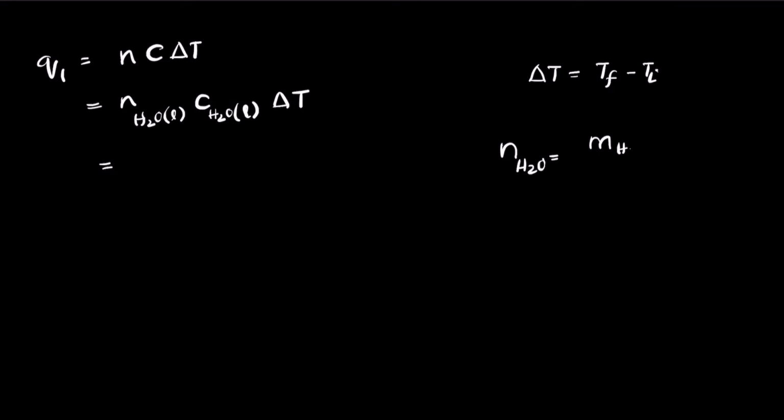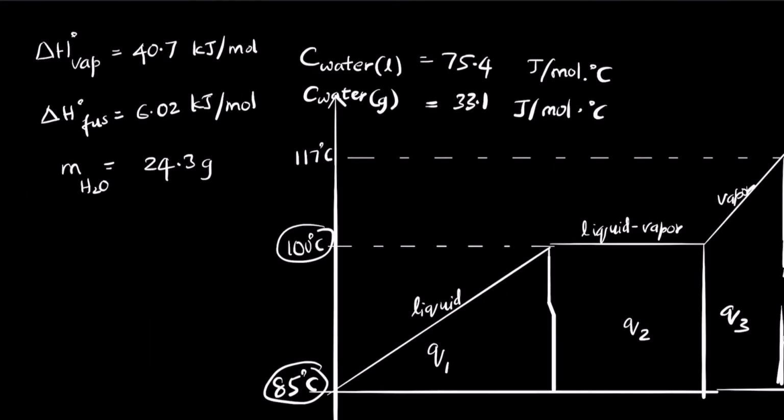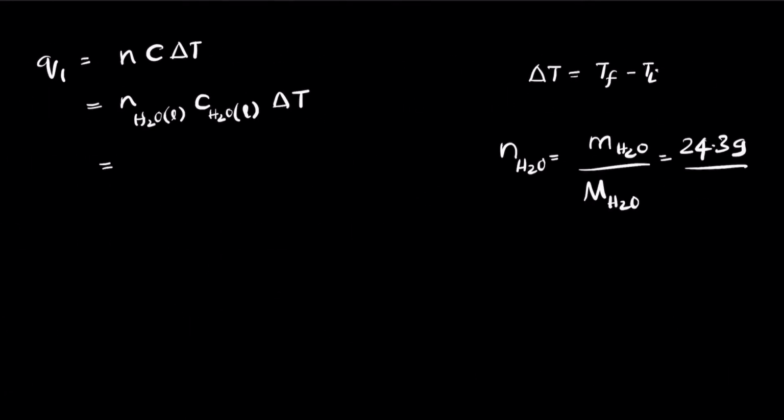So mass of H2O by the molar mass of H2O. So the mass of H2O in the problem is 24.3 grams divided by the molar mass of H2O. So how would you find the molar mass of H2O? Hydrogen times 2 plus 1 times oxygen.